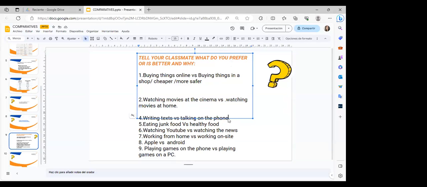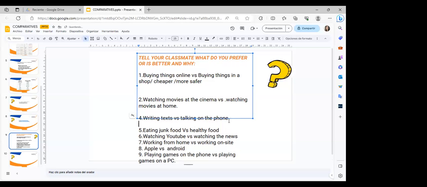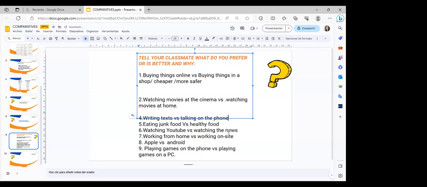You can explain your ideas more faster. More faster or only fast? Faster. Sorry, faster. Exactly. There we have it. Very good. Yes, that's a very good point.